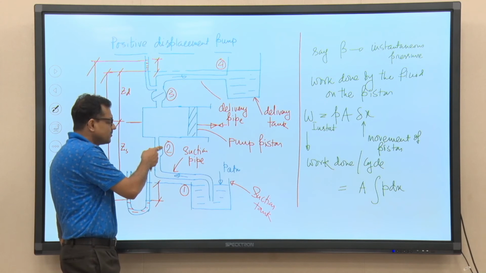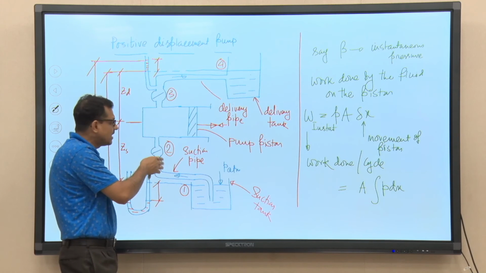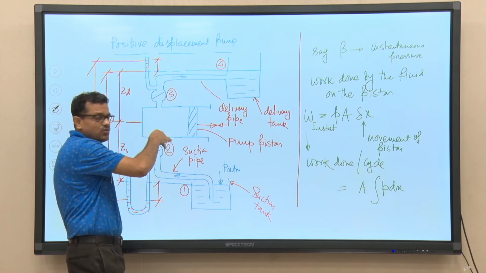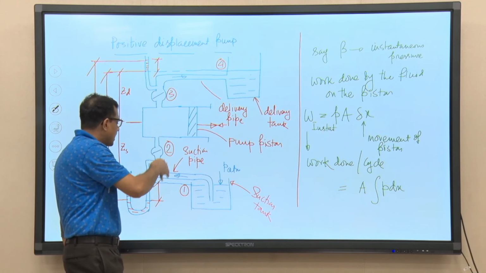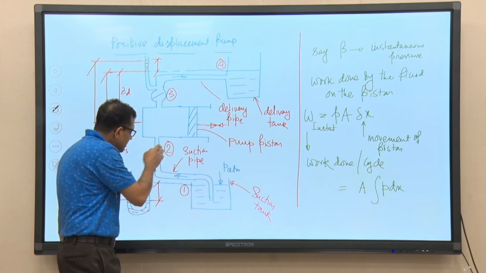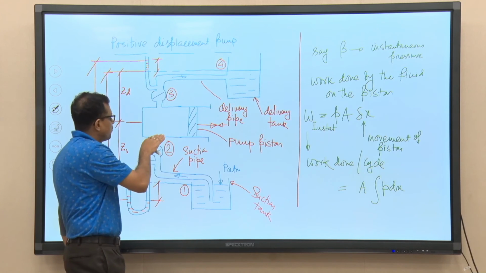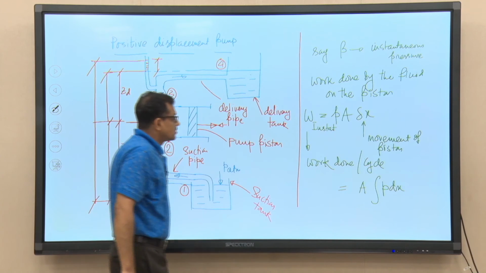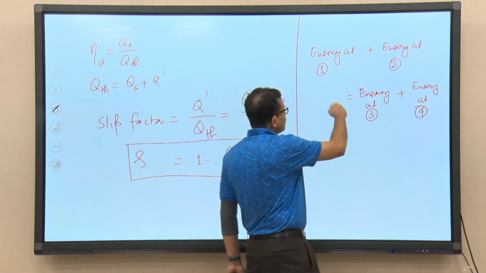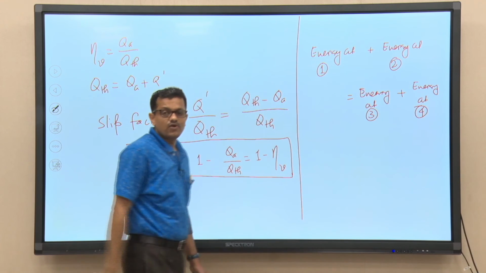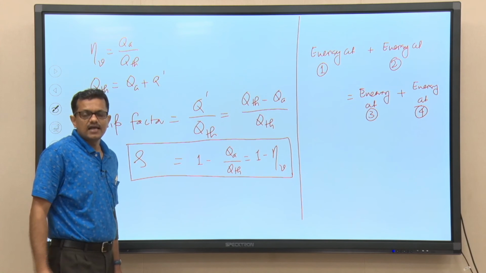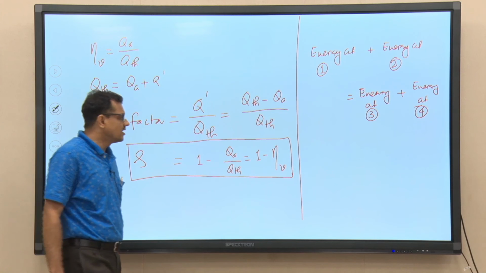If we would like to calculate energy at point 2 and energy at point 3, then we need to consider a separate analysis for the suction side and the delivery side. We shall be doing that, and that will be very important to understand.